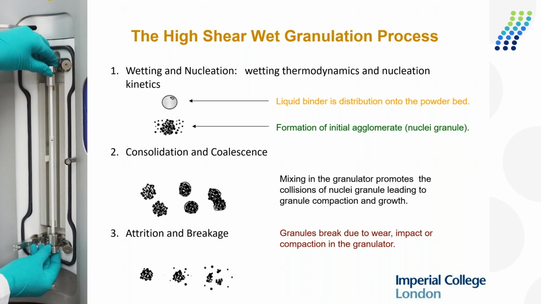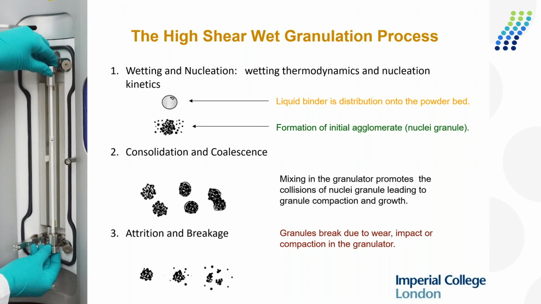After the initial formation, there's a process by which consolidation and coalescence occurs. As the particles continue to mix in the granulator, some particles get bigger, some get smaller, but the granules will eventually come to some sort of standard size and shape. Also during mixing, you can get attrition or breakage of granules as well.